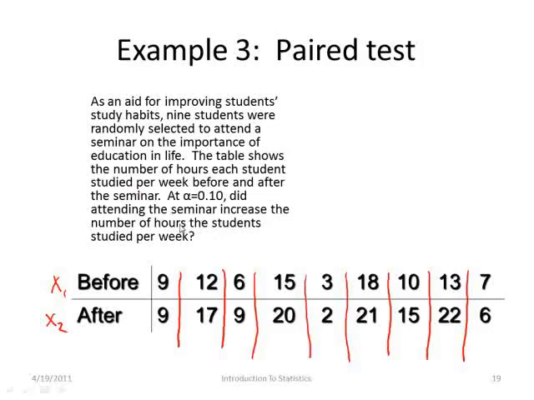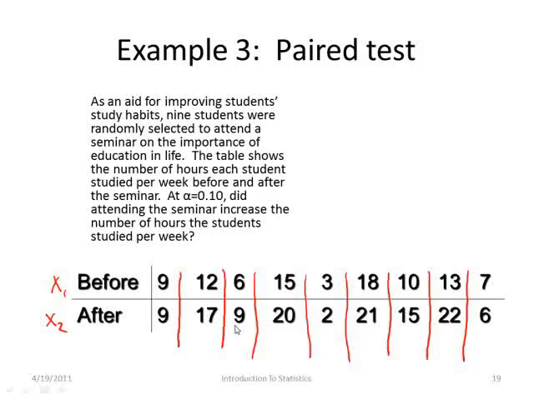So if we wanted to know if this intervention program worked with these students, all right, then what would we expect in comparison between the before and the afters? If we were to review all of these numbers here, if the intervention worked, what would we expect with these numbers, with these two different populations?